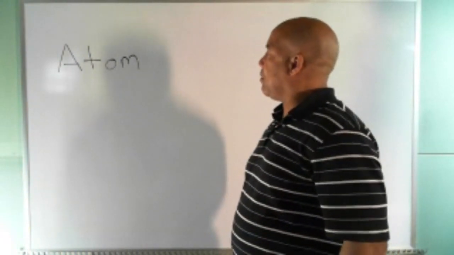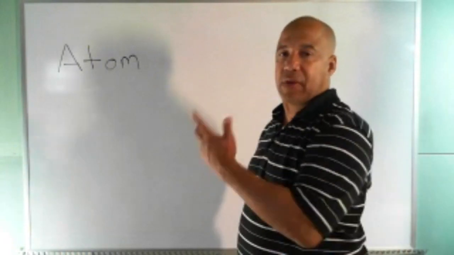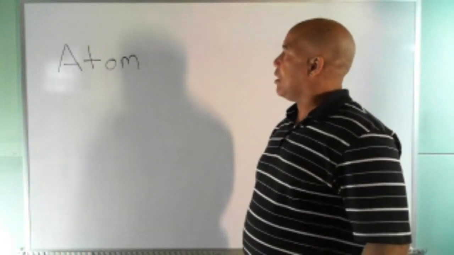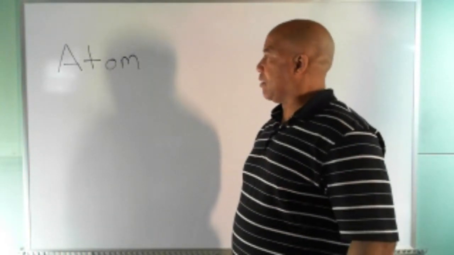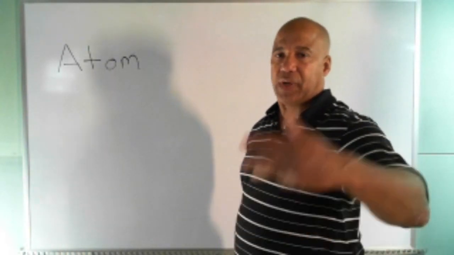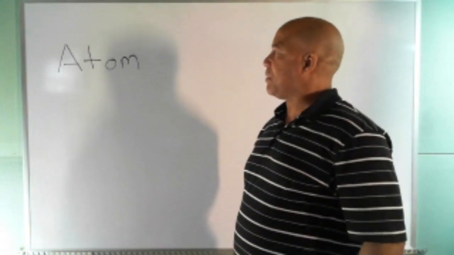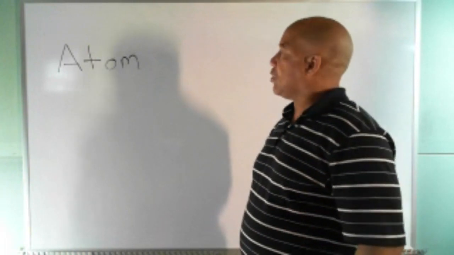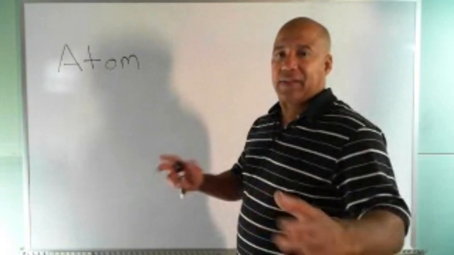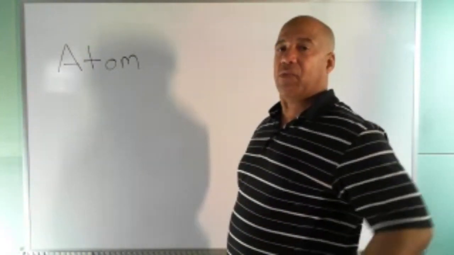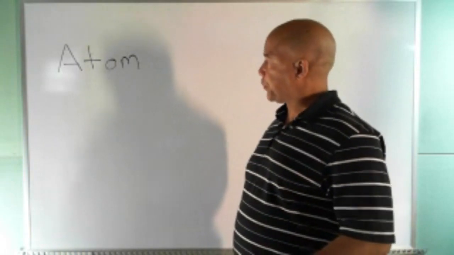At some point, most of you, through some science class, have come in contact with this term. You've heard about atoms, and depending on what you study, some of you might know a lot, if you studied chemistry or physics, you might have gone into some detail about this idea of an atom. So what I want to do is talk about atoms in general, and we're going to use that to start our discussion to understand what voltage is, what current is, and what resistance is.